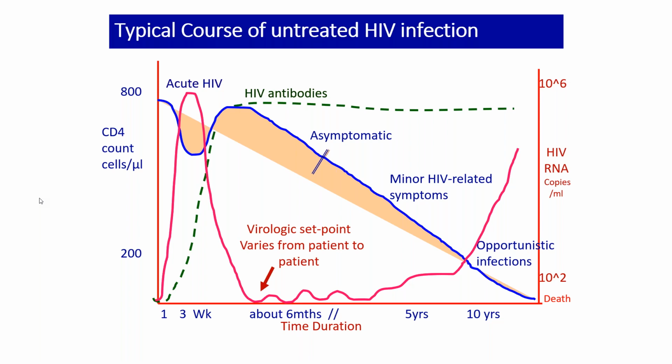So if you see broadly, HIV infected patients can sometimes present with an acute HIV illness. HIV infected patients can present when they are asymptomatic and they are just picked up for having HIV infection when a test is done. These patients can present with minor HIV related symptoms, or they can present late with multiple opportunistic infections and full blown AIDS.